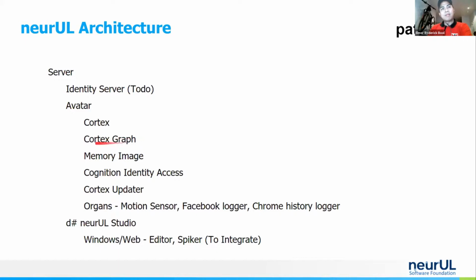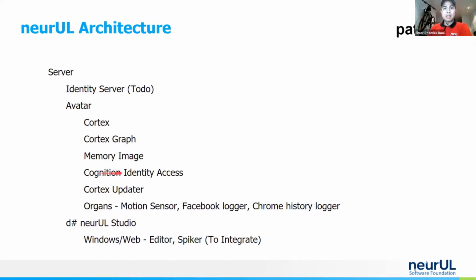Then the graph, which represents your neurons in a graph network. The memory image, which is the spiker, is the version of your neurons which can be spiked, simulating the spiking behavior of your neurons. So the cortex graph is just representation, and the memory image is the actual behavior of your neurons being replicated.